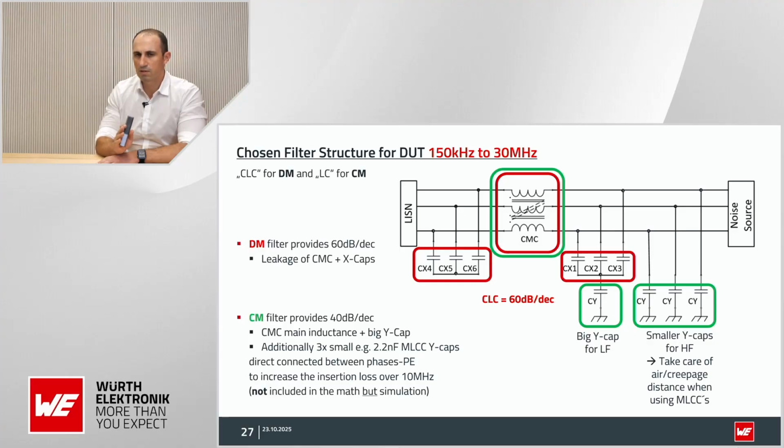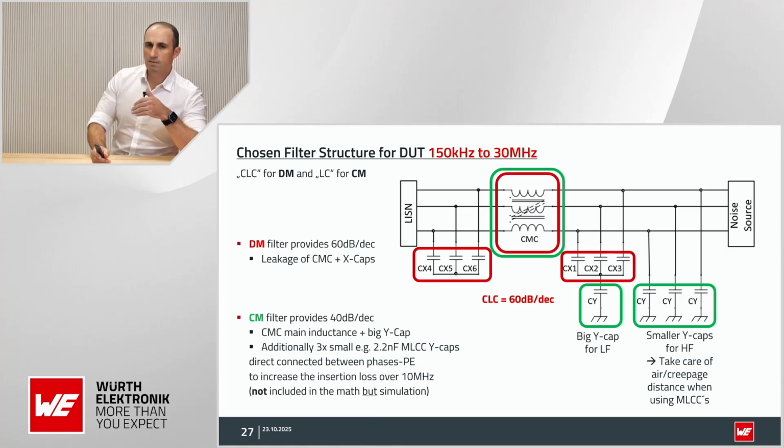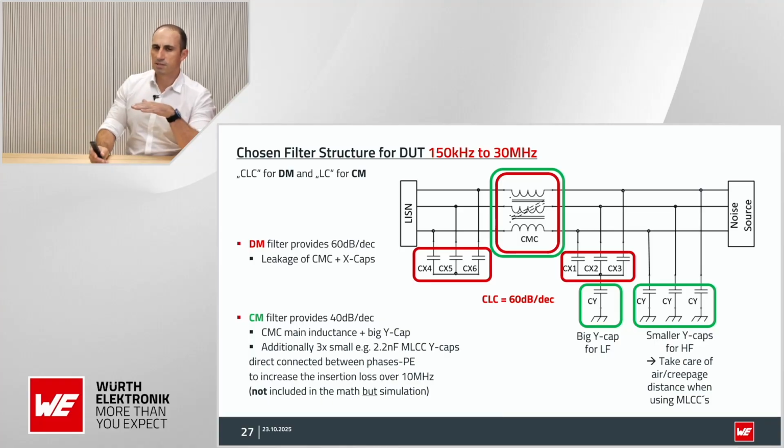In theory, the leakage current there is 0, but in practice we have some, let's say, tolerance of the caps and some tolerance of the voltage between the phases. Therefore, we have not an ideal 0 leakage current here, but it's much smaller. But we can use the smaller RF MLCC caps directly connected from the phases to the protective earth.